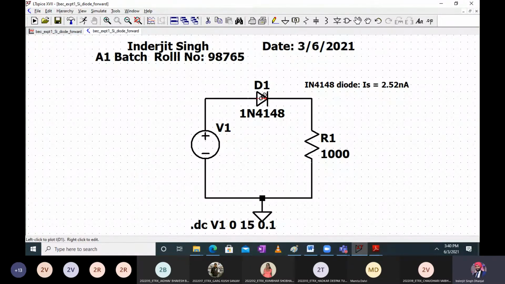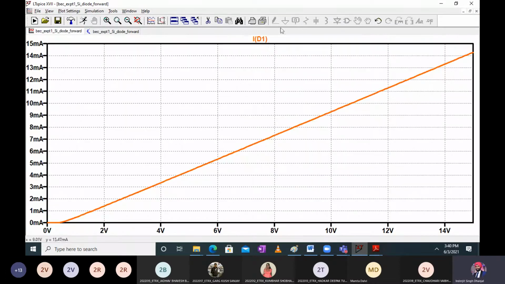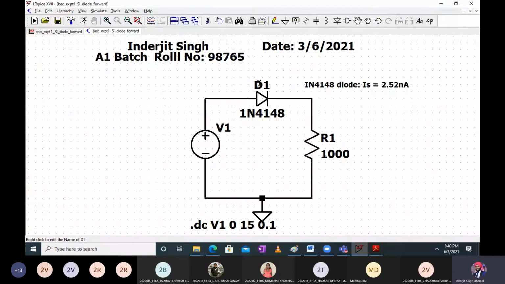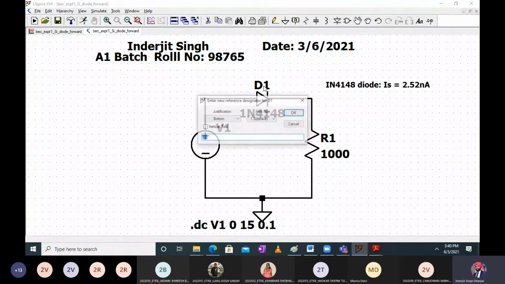Correct? Now to make the characteristics unique, in the plot, how will you have your own? You cannot write your roll number and all that, right? So what you do is this diode which you see as D1, you right click on it and change its name. You write D1 underscore your name. I'm writing my name over here.